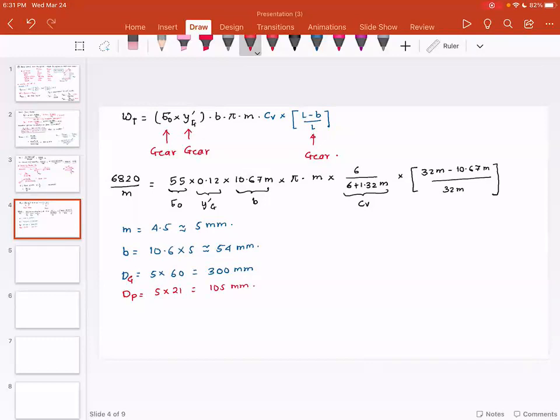Now the next step is we have to check for the dynamic load. So let's do that. Check for dynamic load.